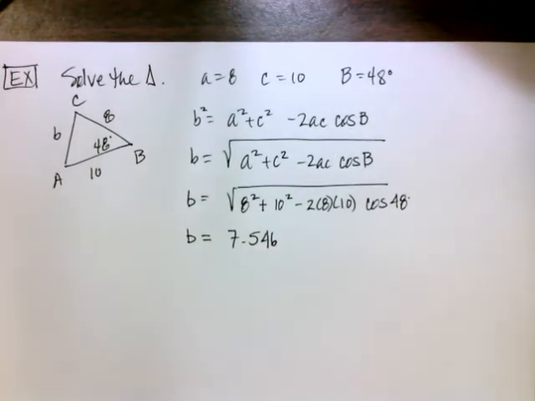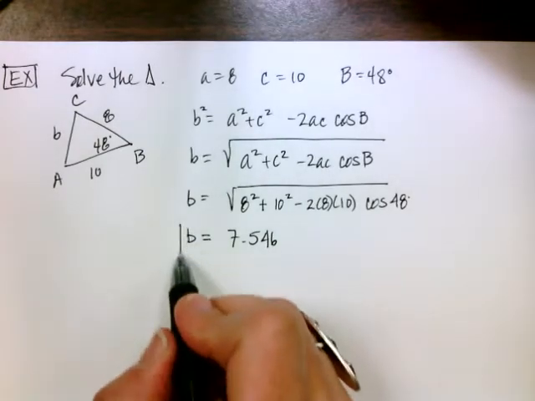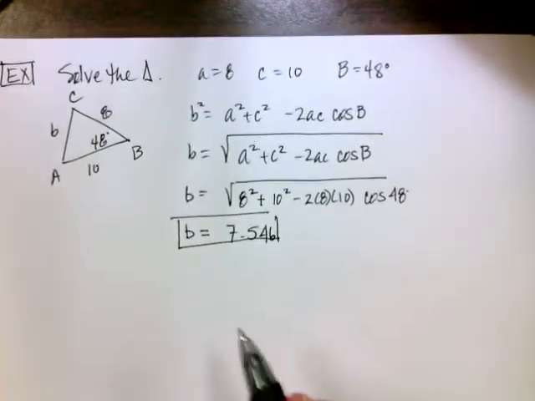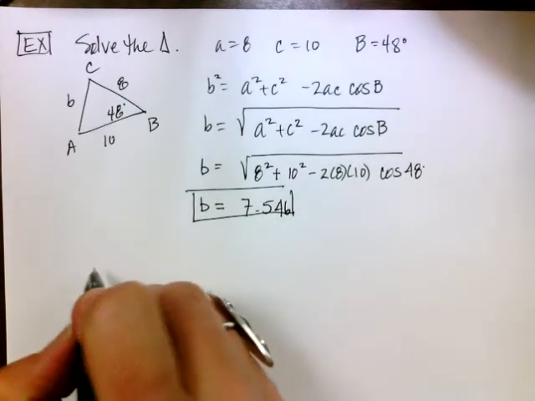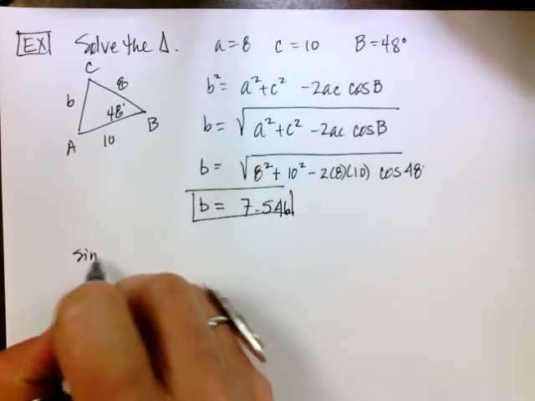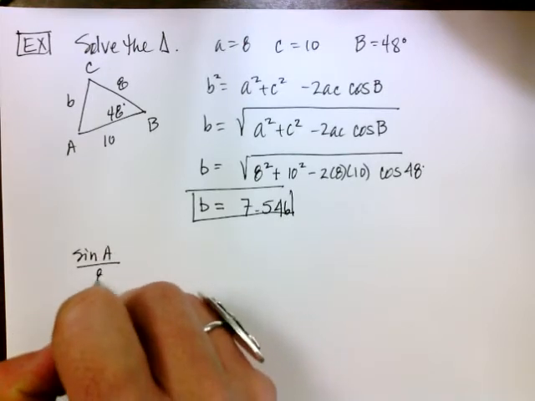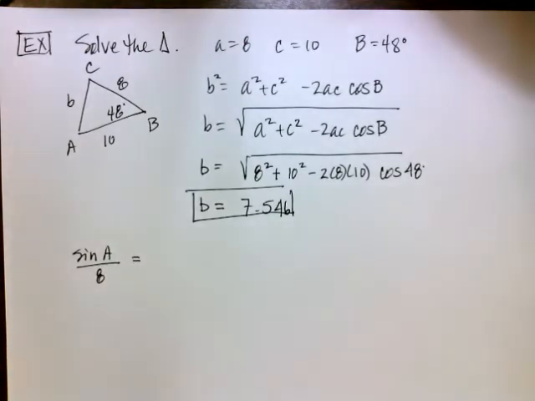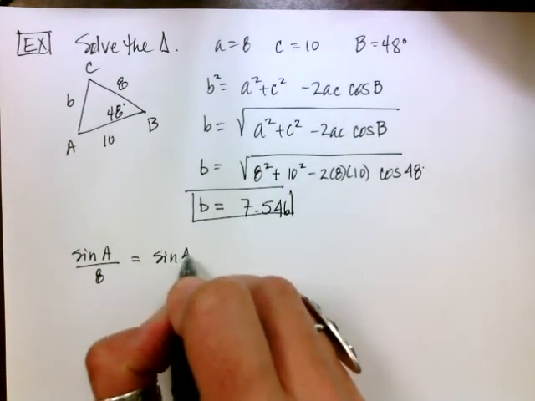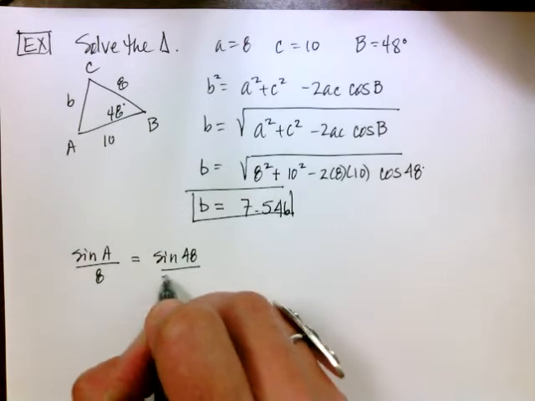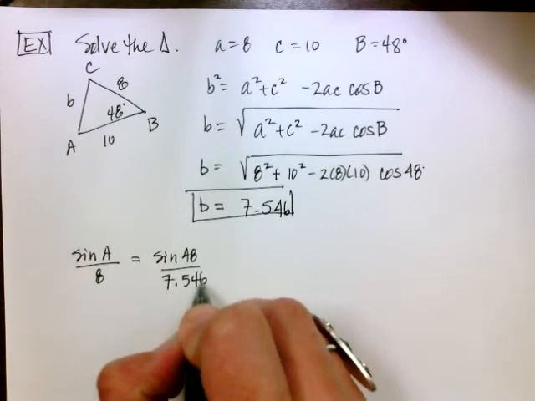Now that I know B, I can switch and do the law of sines. So I'm going to solve for angle A. The sine of A is to 8 as the sine of 48, using angle B since it's the only other angle that I know, is to 7.546.